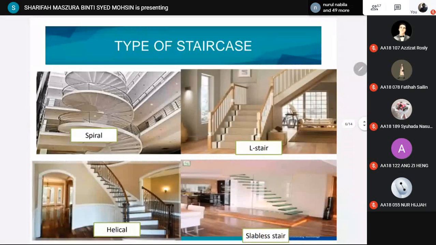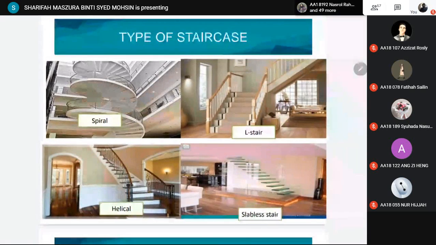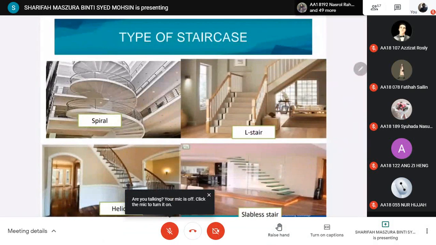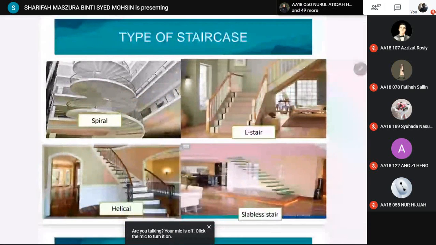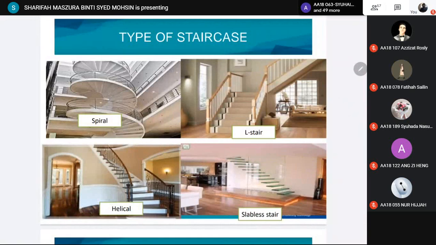These are some examples of the staircase. We have spiral, L stair, helical, stepper stairs, and so on. The only important thing that we have to note for staircase design is the location of the support of the staircase. Depending on the support or boundary condition of the staircase, the method of design might be simple or a little bit complicated.